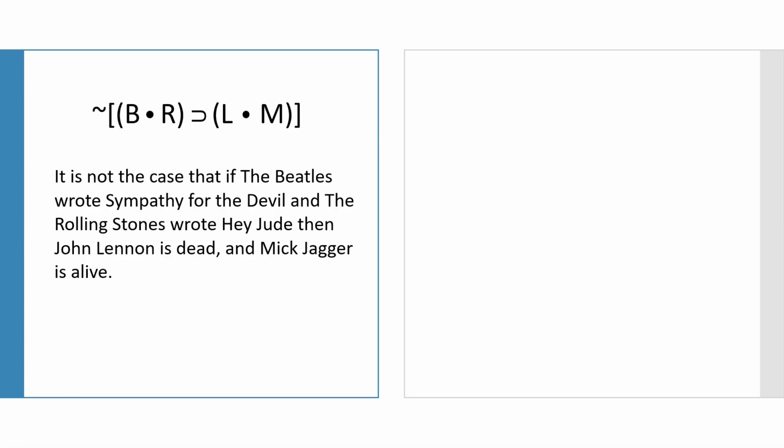So this proposition basically says it is not the case that if the Beatles wrote Sympathy for the Devil and the Rolling Stones wrote Hey Jude, then John Lennon is dead and Mick Jagger is alive. Now, stated formally, we're negating this entire statement, so we get not if B and R, then L and M, where B and R and L and M function as my antecedent, respectively, and my consequent of this conditional statement, and this entire conditional statement is being negated.